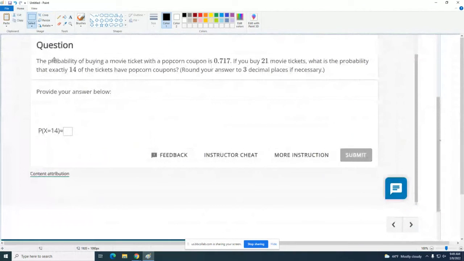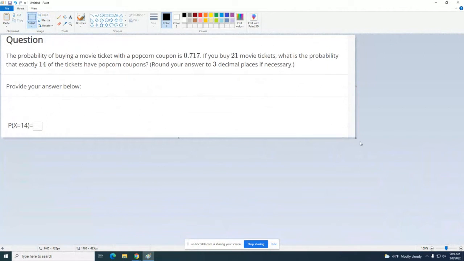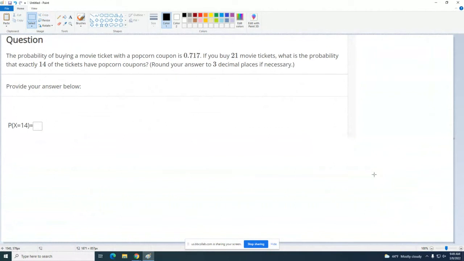Alright, so now we have this question. First thing is you read the question, you have to realize this is a binomial question. Especially if this kind of question pops up in your final exam, one of the key issues is to identify what formula do I use. What kind of question does this belong to in our whole idea of the model, right? The final exam is a collective review of what we do in the whole semester.